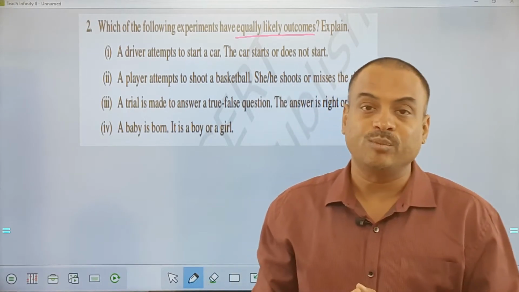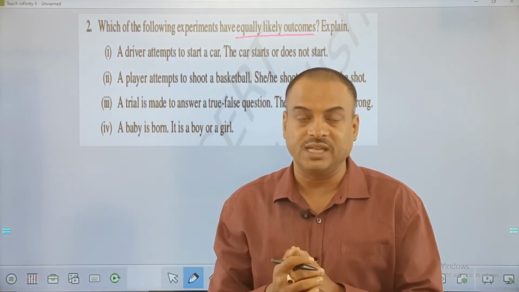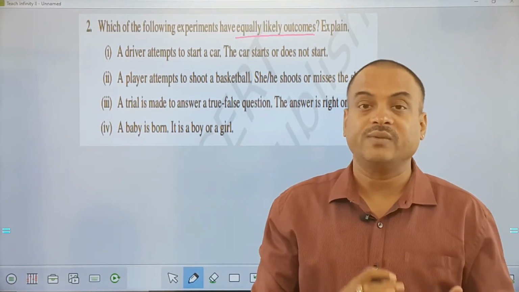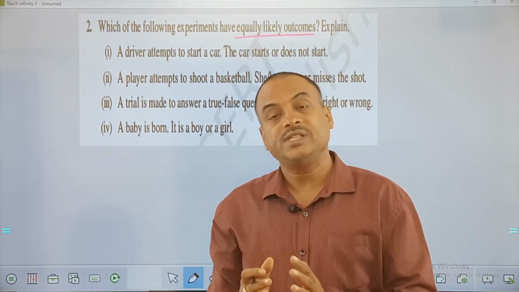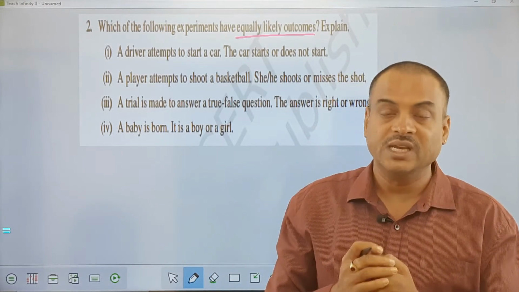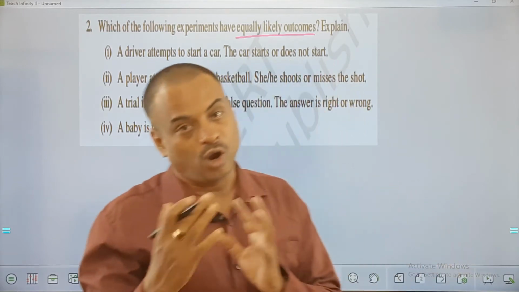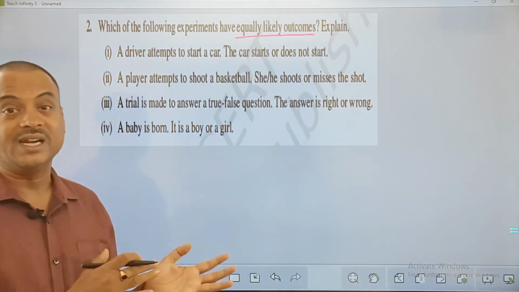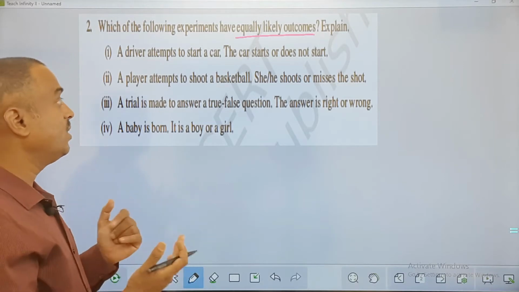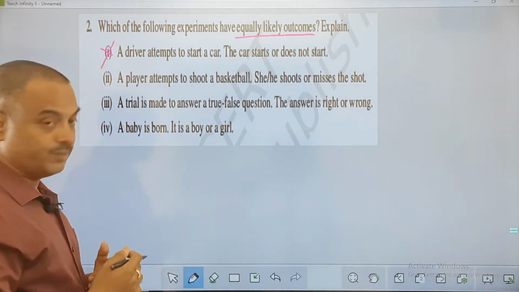If there is any engine problem or special situation, only then can the car fail to start. Or sometimes it may start but instantly stop as well. So you cannot say it is completely start or completely stop. We have many other situations other than just starting or not starting. So we cannot consider this to be equally likely. So I'll take this as no.